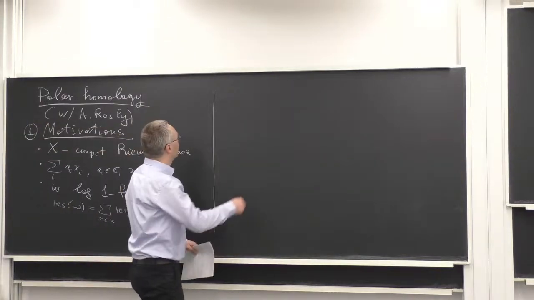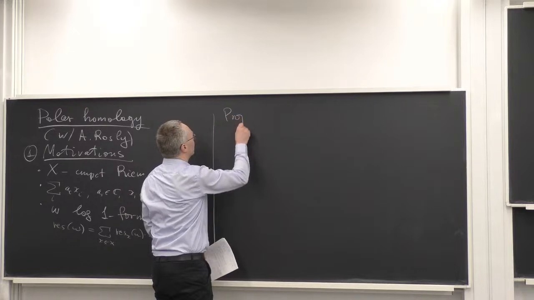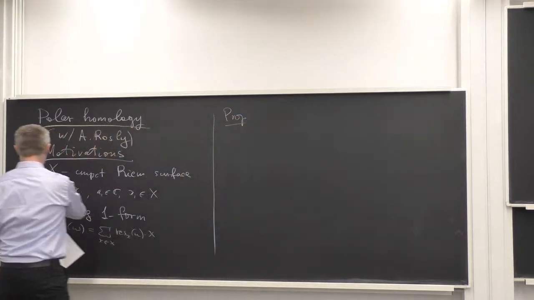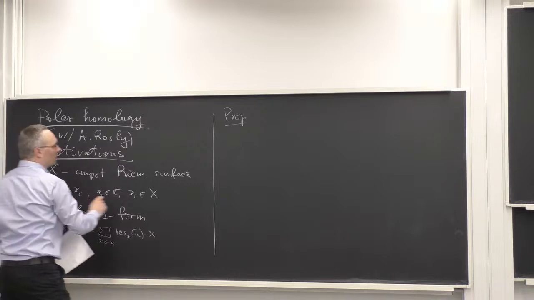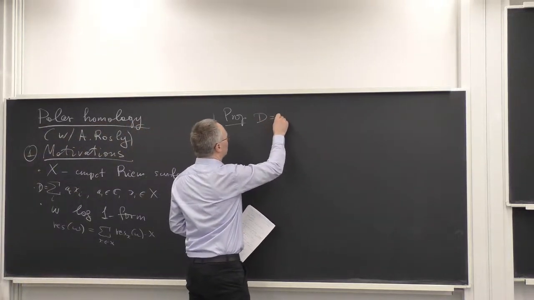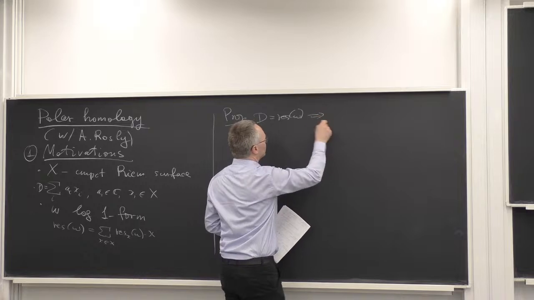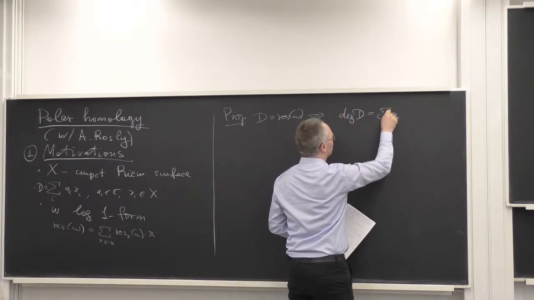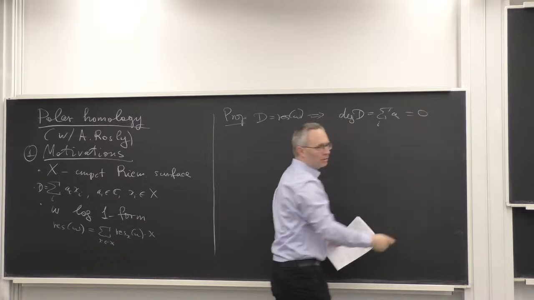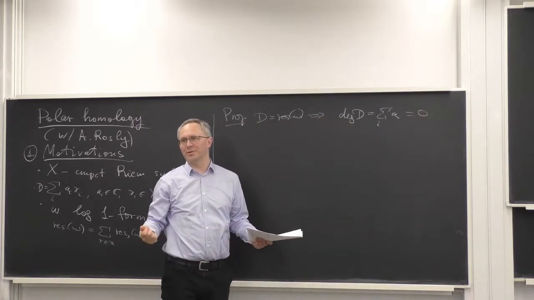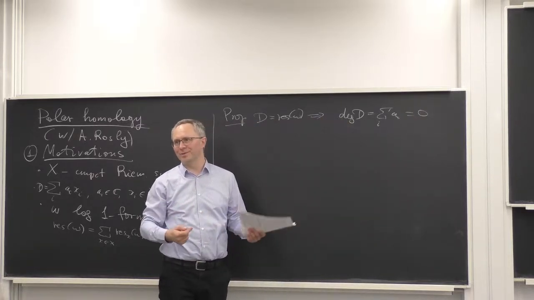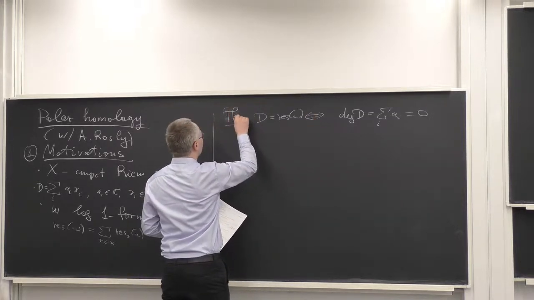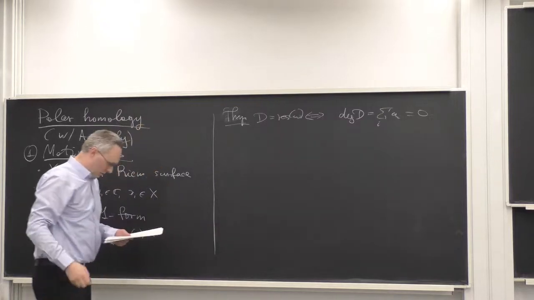It is well known that a simple proposition is that if D is a residue of some omega, then there is a necessary condition that the degree of D, which is just the sum of coefficients, must vanish. Well, it's a standard fact about residues, one of the standard ways to calculate integrals, and so on. And the theorem is that the converse is true as well. It's a classical theorem by Cousin, I think.